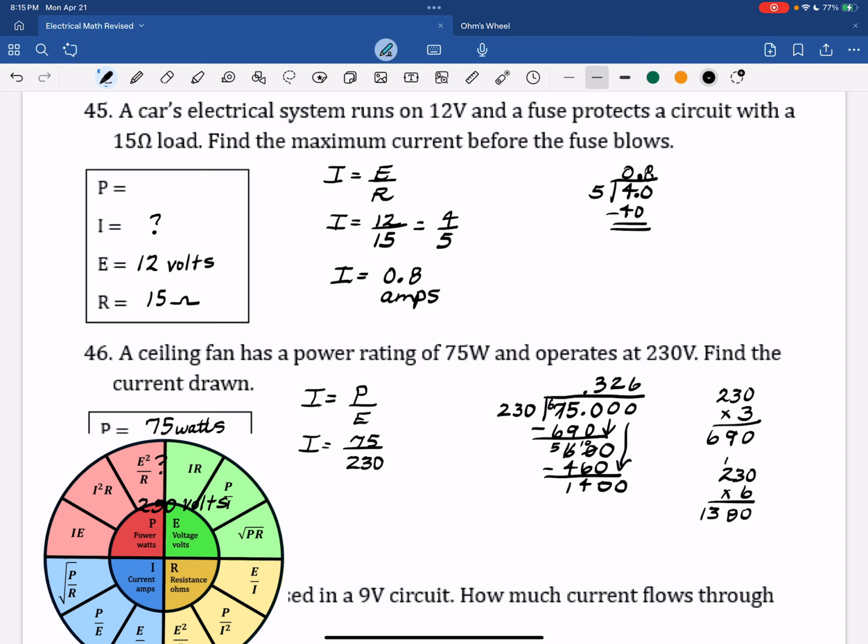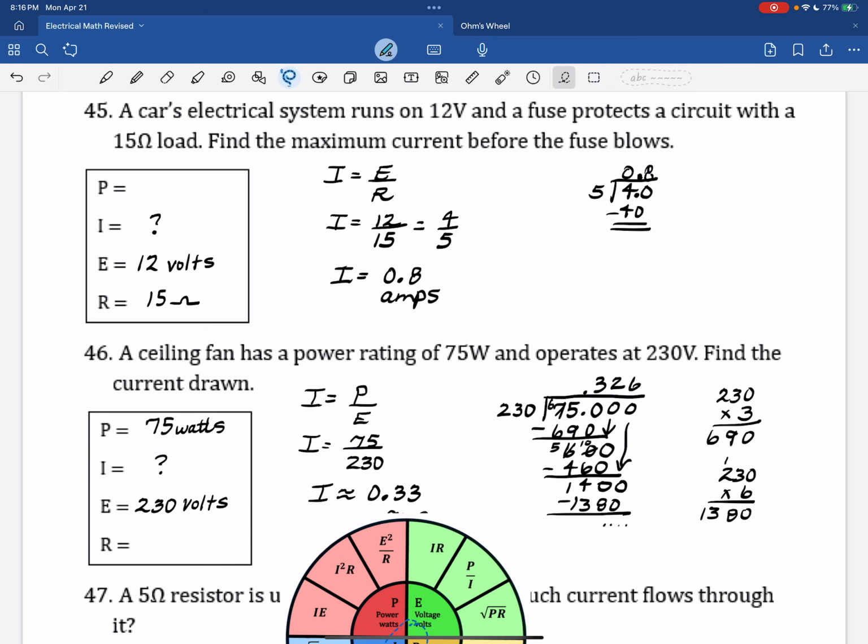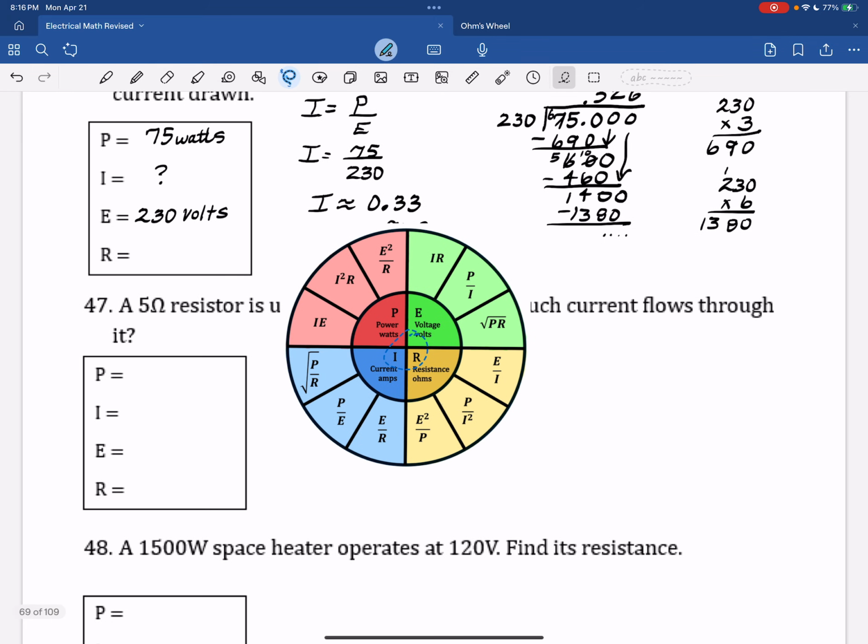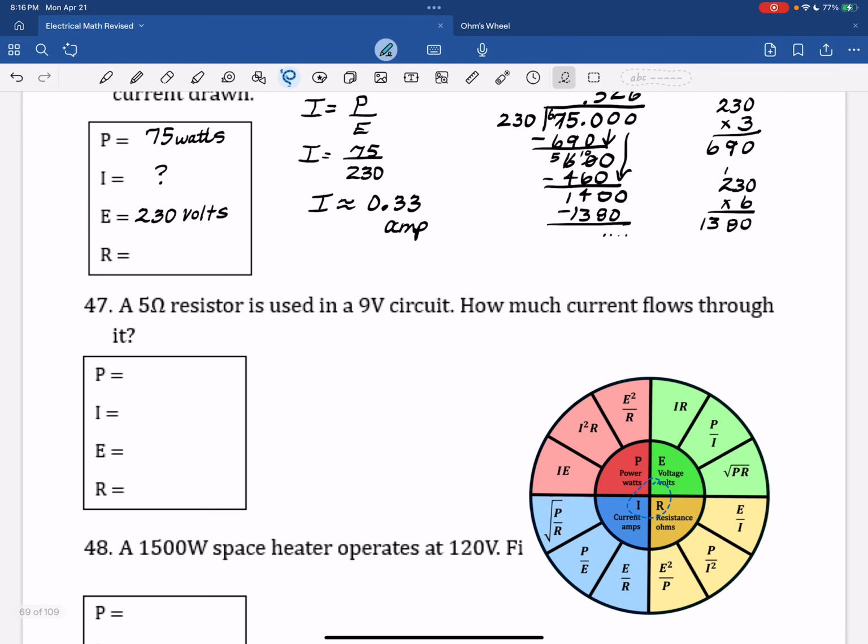I'm going to call it quits right here. This is not over, but it's going to be enough to round. So I'm going to say that it's about a third of an amp. So it would not have reduced to 1/3. I thought it would, and I could take a shortcut, but it didn't.